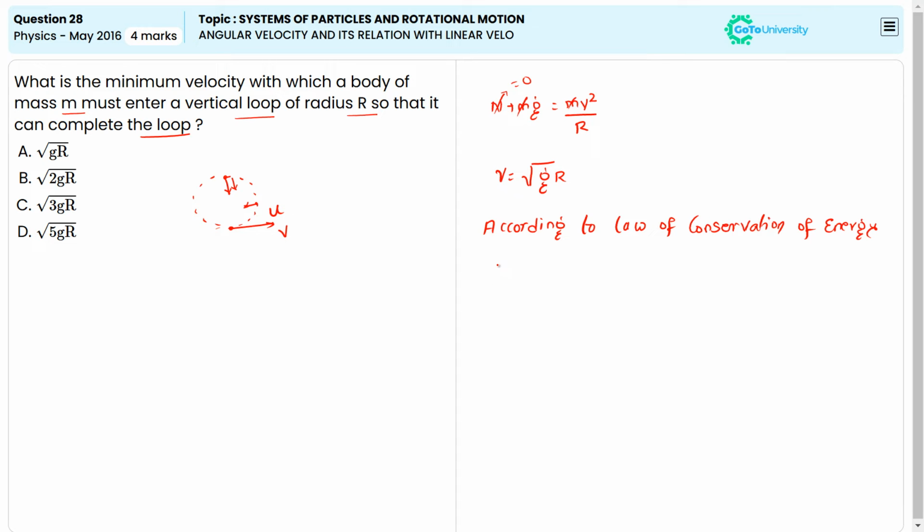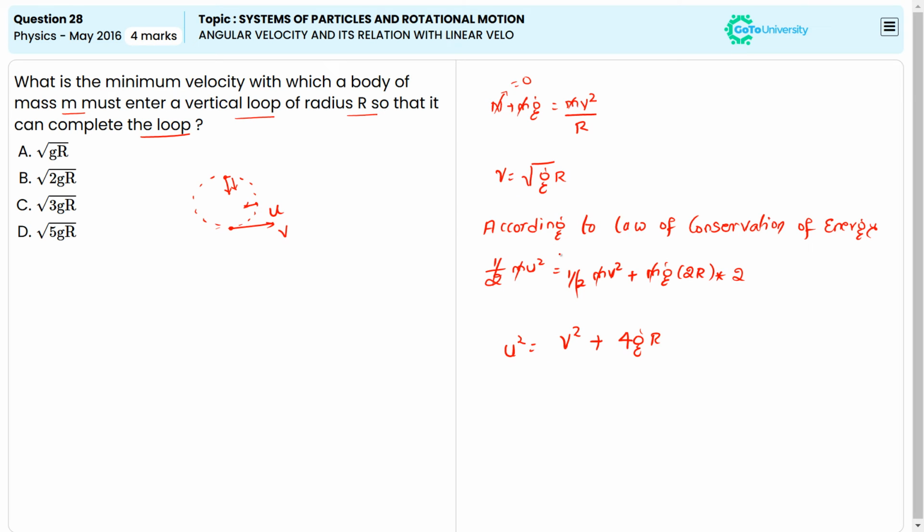Now, half mu squared is equal to half mv squared plus mg times 2r. Then the half cancels, m cancels. Then u squared is equal to v squared plus g times 4r, that is 4gr.